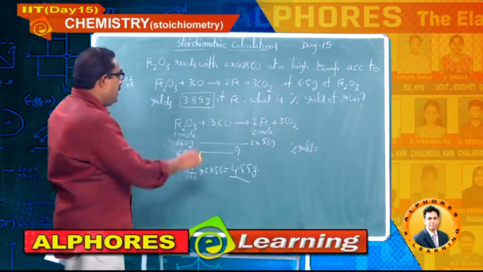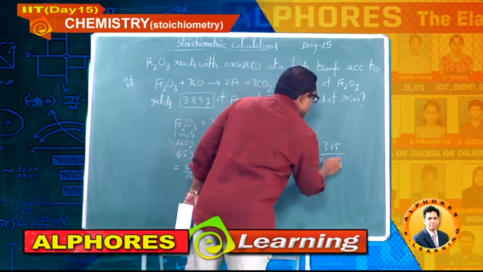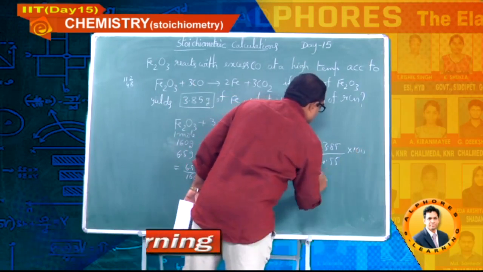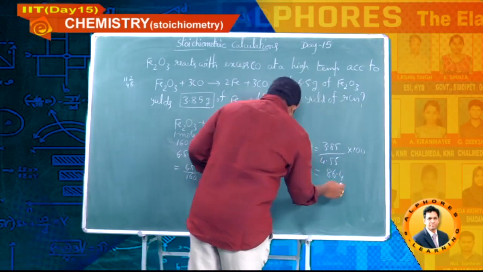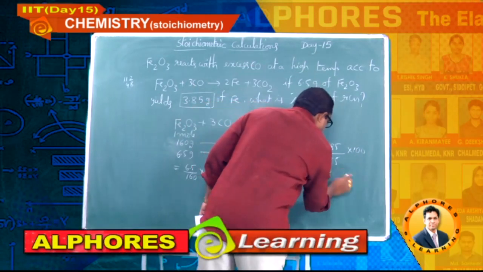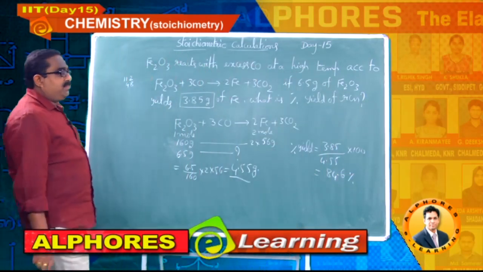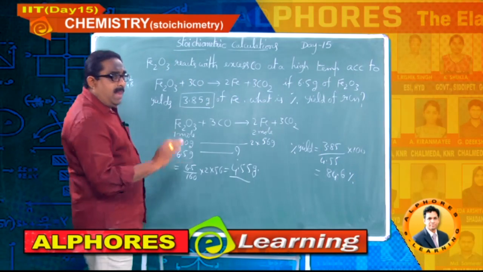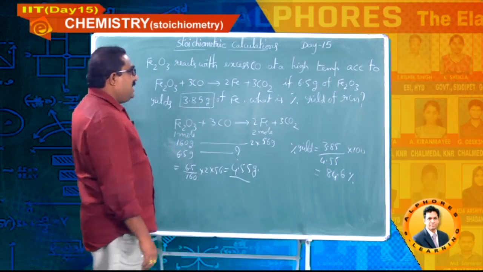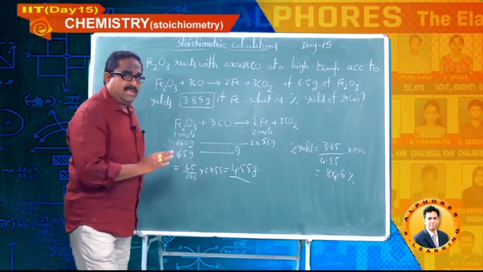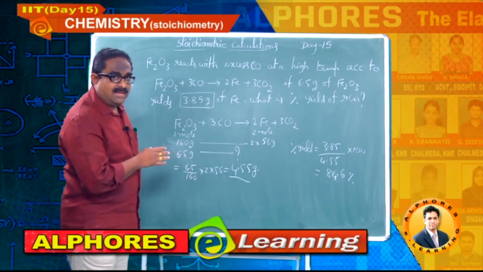Percentage yield is the actual amount of product formed divided by the theoretically predicted amount, into 100. Approximately you will get 84.6%. This is how to calculate the percentage yield of a given chemical process. Please note down, students. I will go for some more numericals based on this.